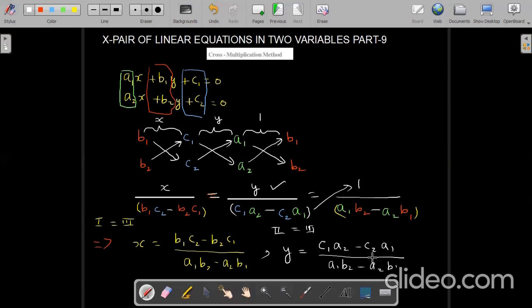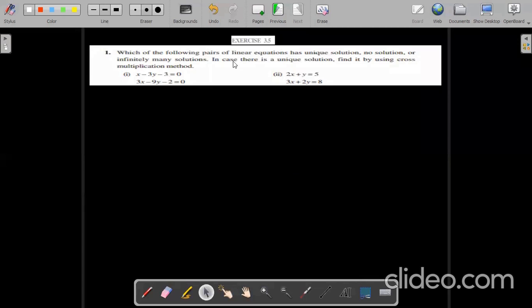Okay. So now we are taking one example. Which of the following pairs of linear equations has a unique solution, no solution, or infinitely many solutions? In case there is a unique solution, find it by cross multiplication. So first we have to check whether it has a unique solution or not.